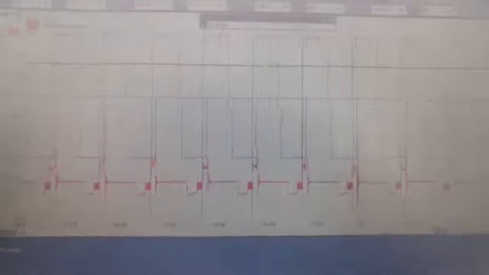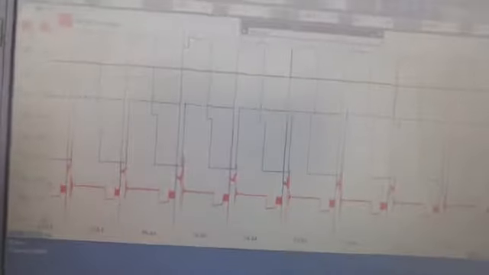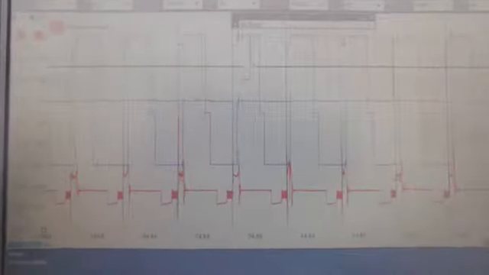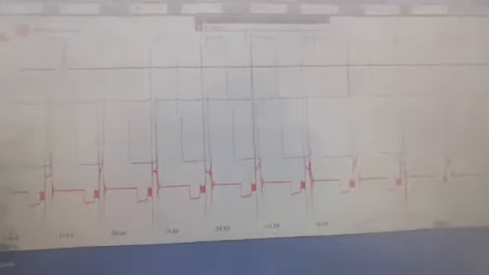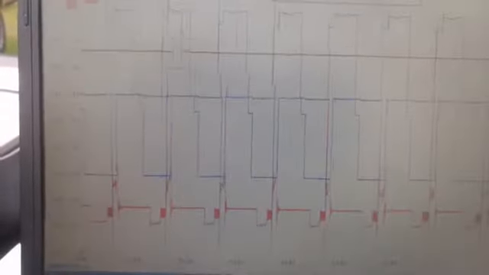There's 20 milliseconds per division, and now I can see several signals. Let's see if I can capture this on screen. The PIP signal is this blue signal coming out of the distributor.